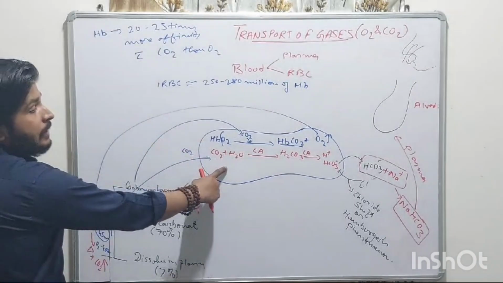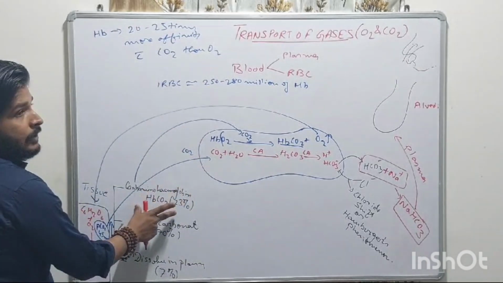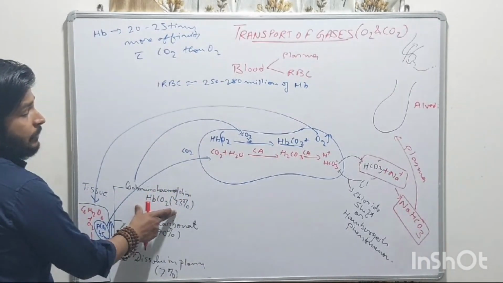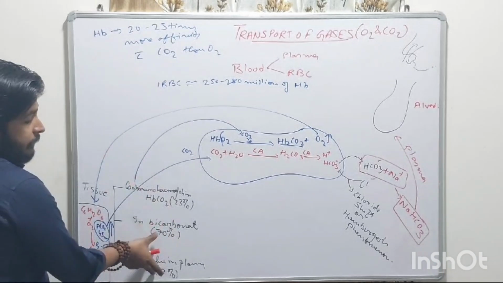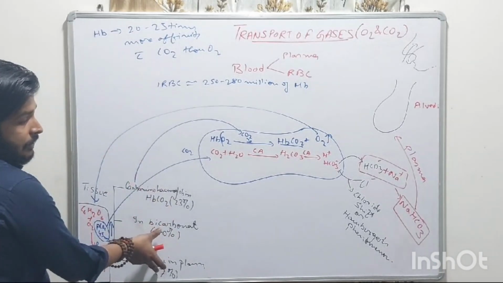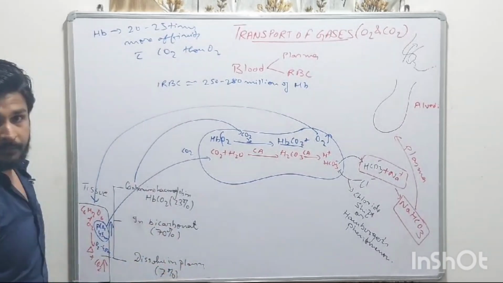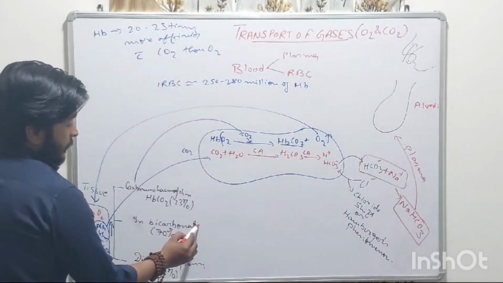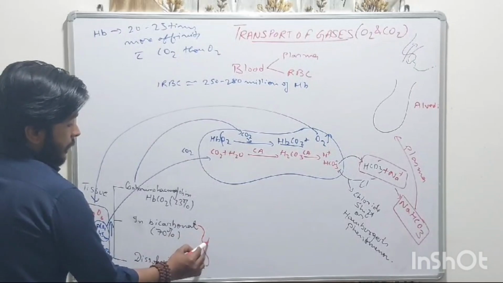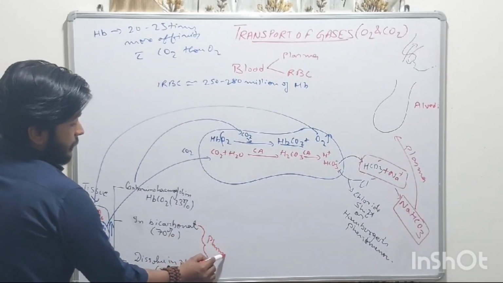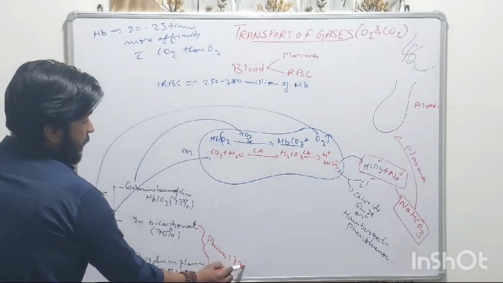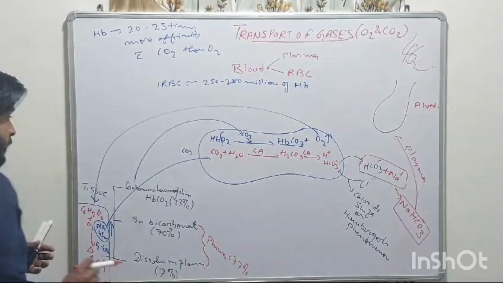One is directly by the RBC in the form of carbaminohemoglobin, and two is the medium of plasma, as bicarbonate and in directly dissolved form. Got it? So these two are transported with the plasma. The plasma transportation is about 77%.